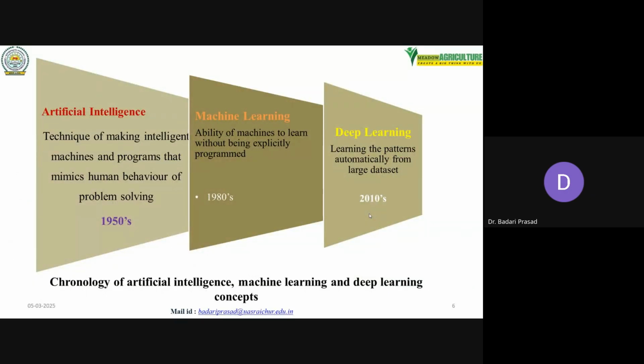What is the chronology of artificial intelligence, machine learning, and deep learning? Artificial intelligence is the technique of making intelligent machines and programs that mimic human behavior of problem solving. This was the era of the 50s, when we were thinking of establishing a system which can think exactly like a human being. Suppose I have one machine which can think exactly like me, what would happen? Later, in the 1980s, came the ability of machines to learn without being explicitly programmed.